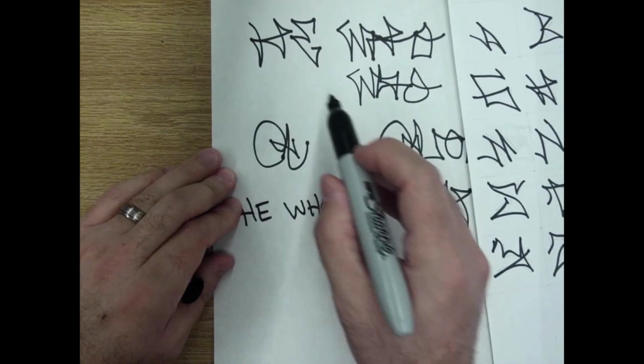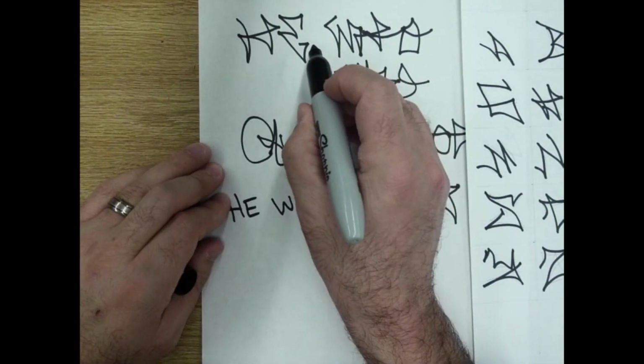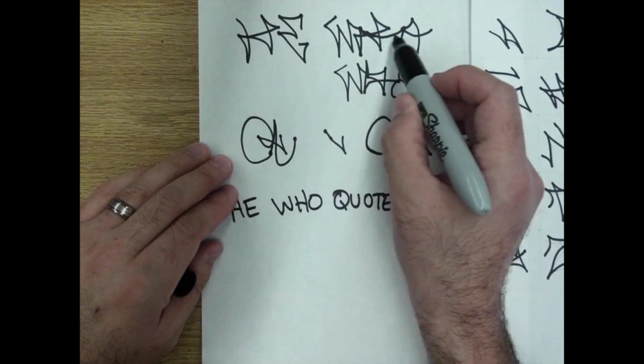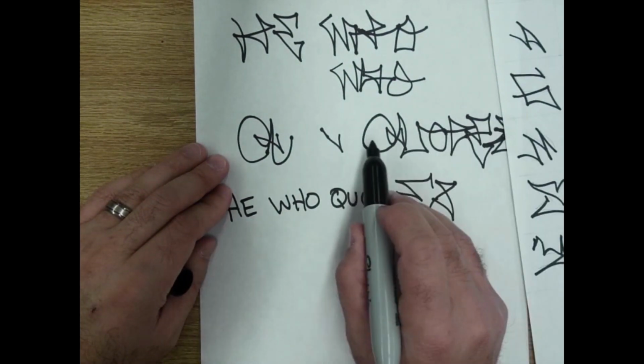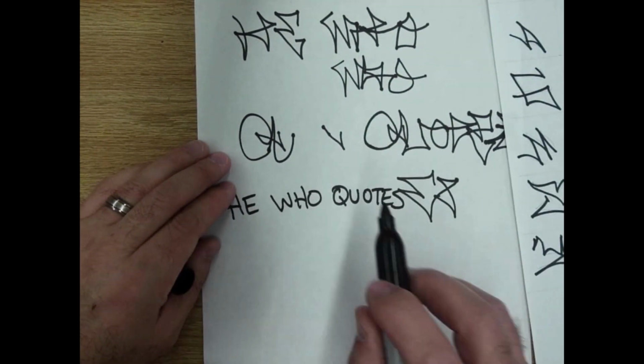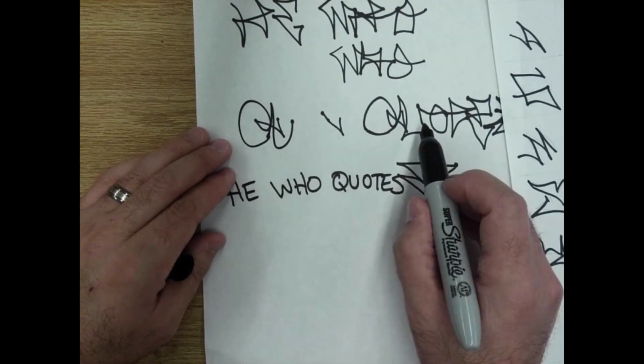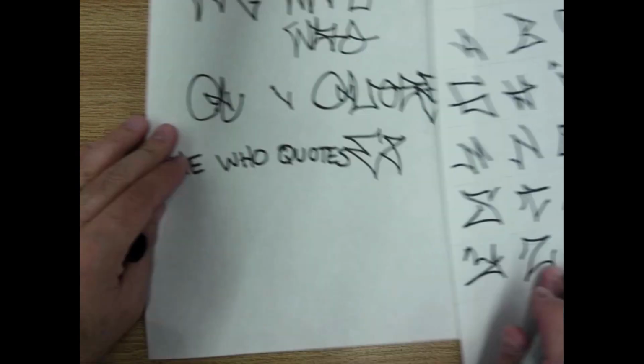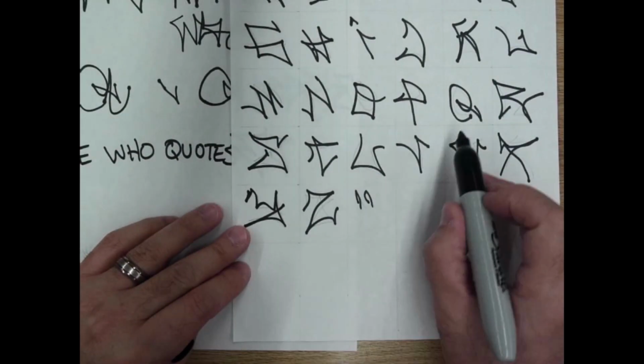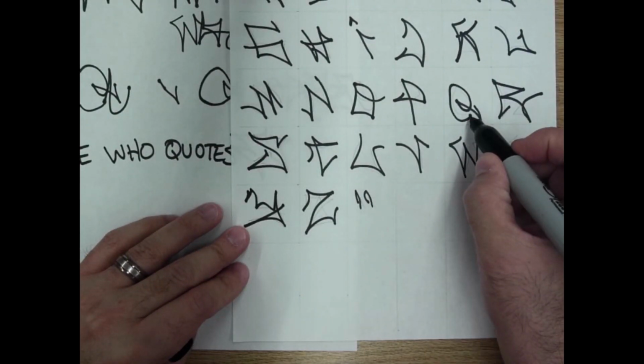So what I did was I practiced each letter, and then I wanted to see how I could make it flow into the next one. For each combination, I needed to find the entry point and exit point of each letter. For example, the word quotes, if I want my Q to look like this, I can either start here or here.